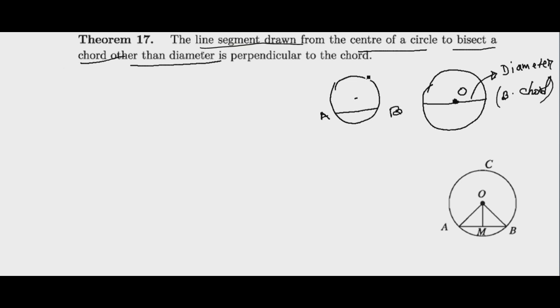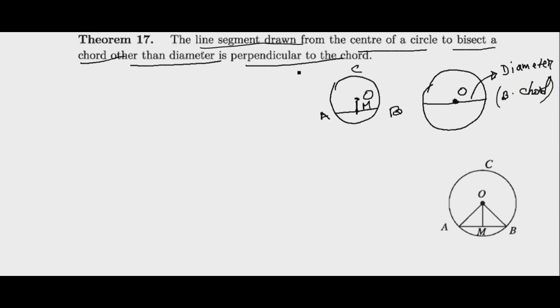Suppose AB is a chord other than diameter and M is the midpoint of AB.